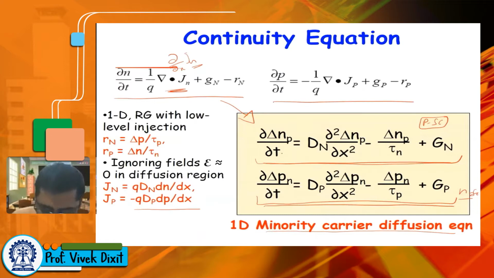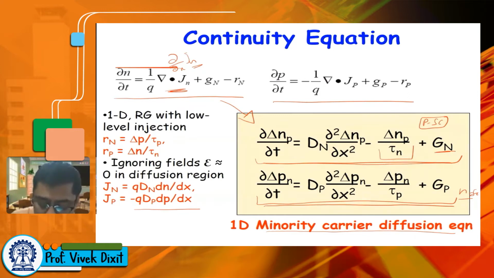Now you see here, when I write n_p, that means the electron concentration in the p-type region, and Δn_p means the excess electron concentration in the p-type region, right? And of course G is the generation rate, and this is the net recombination due to traps. If there are no traps, this term will vanish.